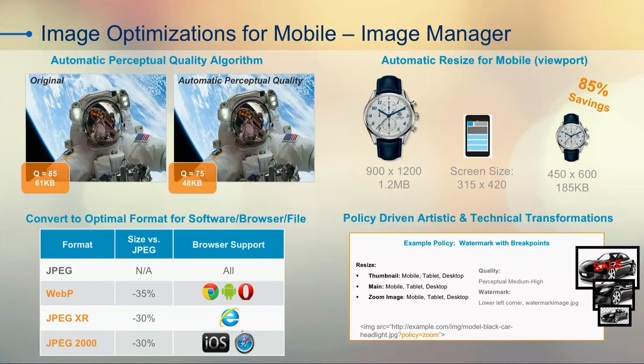And the last one, actually these are just some, but the last one on the slide is the artistic transformations that you can apply. So other than all the sizes and the formats that it can create these derivative images of, you can also apply some artistic transformations. For example, the really popular one is the watermark. If you have a sale going on, then you want to immediately apply a watermark to a bunch of images in the library.